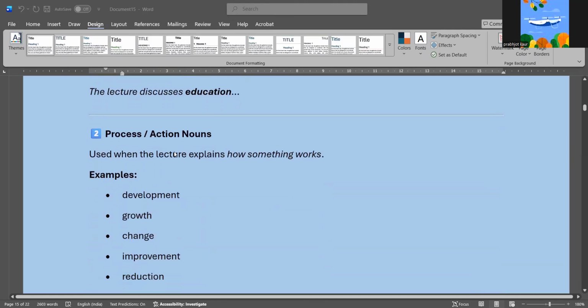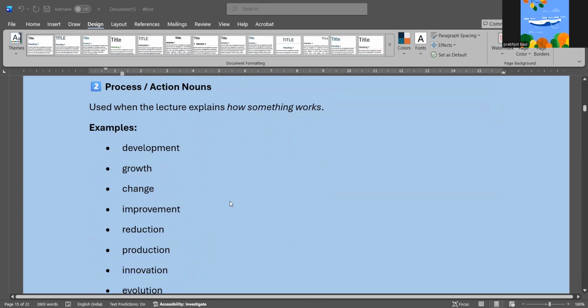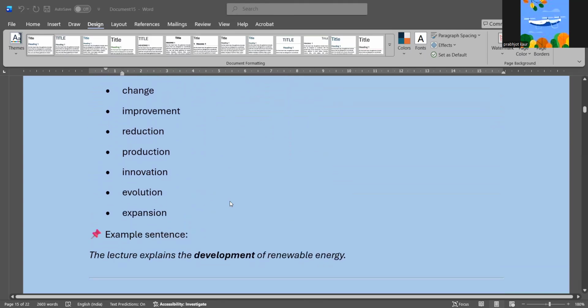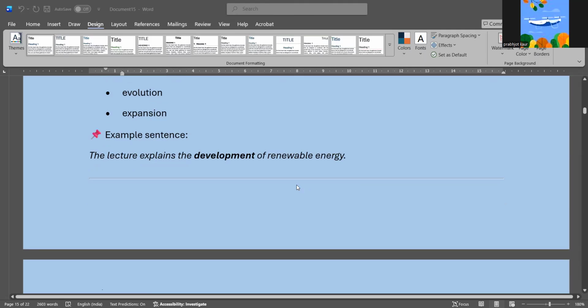These are process and action nouns, like development, growth, change, improvement, reduction, production, increment, innovation, evolution, or expansion. For example: the lecture explained the development of renewable energy.